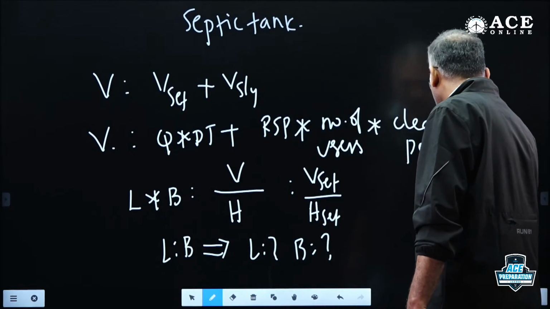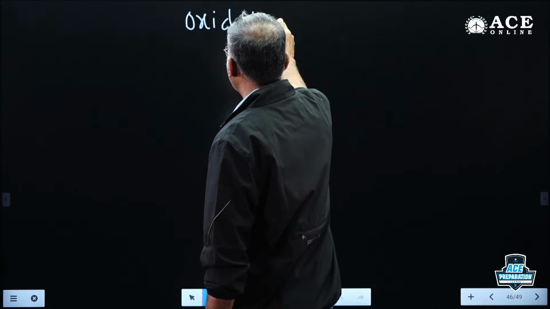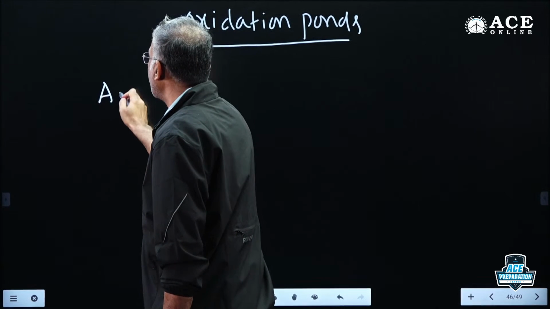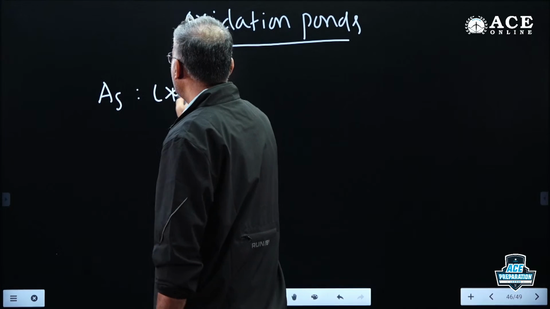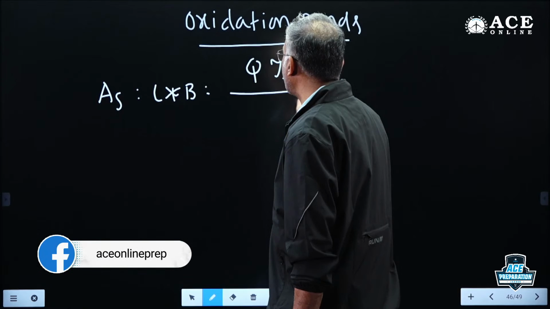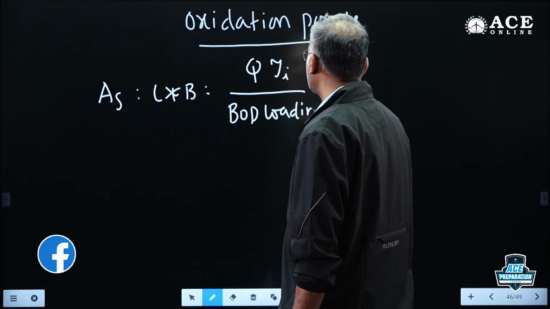Coming to oxidation ponds, again there is only one equation you need to remember to design oxidation ponds. The size of the pond, which is the surface area of the pond, L into B, is equal to the total BOD applied to the pond, the influent BOD, divided by the BOD loading rate or organic loading rate.